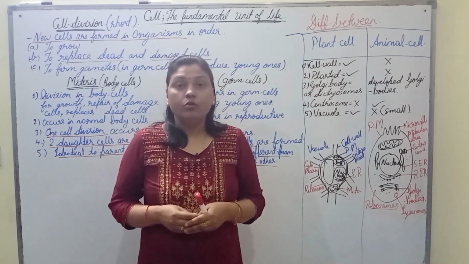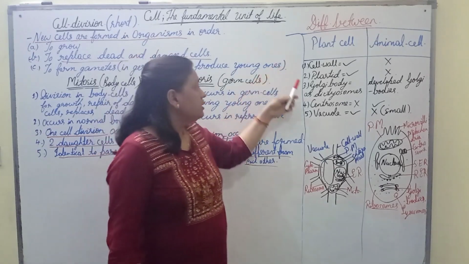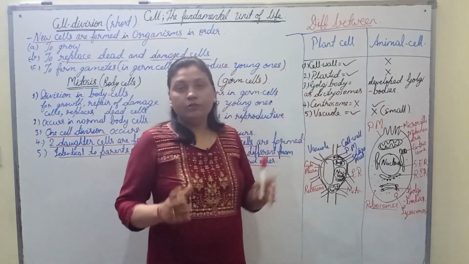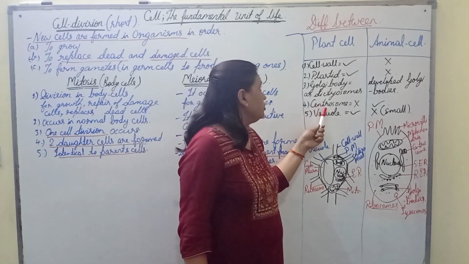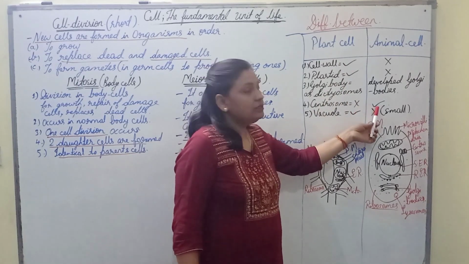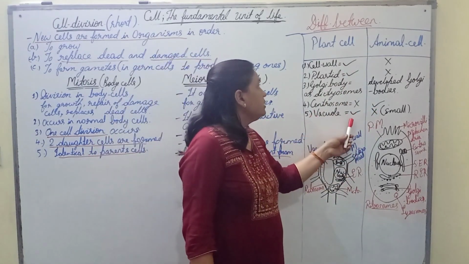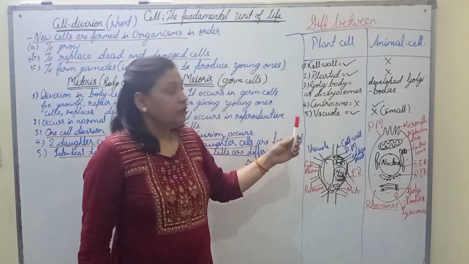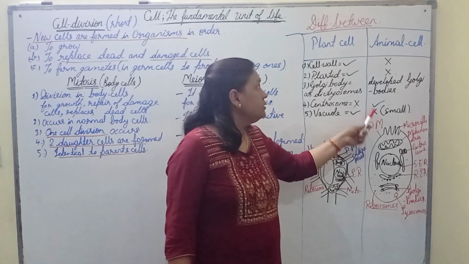Golgi bodies are found as subunits called dictyosomes in plant cells, while in animal cells developed Golgi bodies are present. Next, the centrosome is absent in plant cells, while in animal cells the centrosome is present. Vacuole is present in plant cells, while it is absent in animal cells.